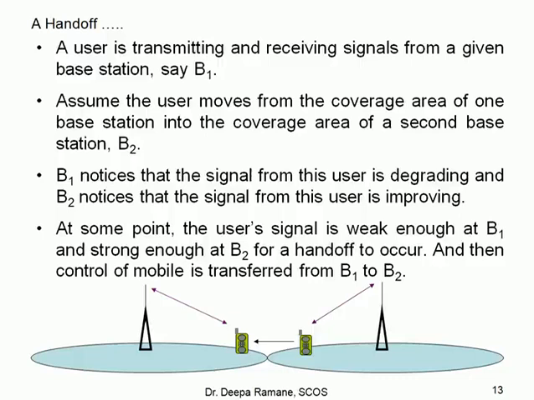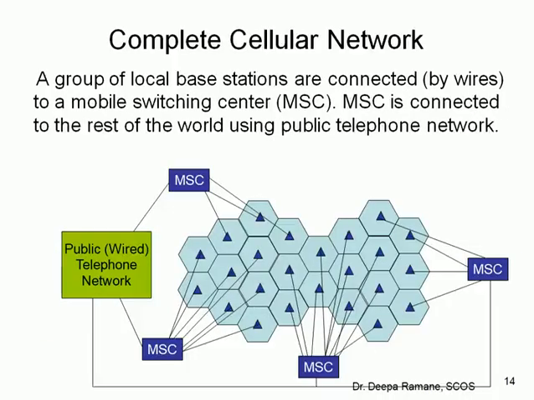One base station is using the control over the mobile, while when it enters from this zone to this zone, another base station takes hold of this mobile. So this is how we have understood three basic concepts.